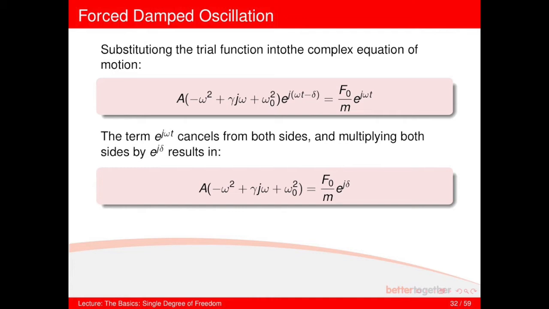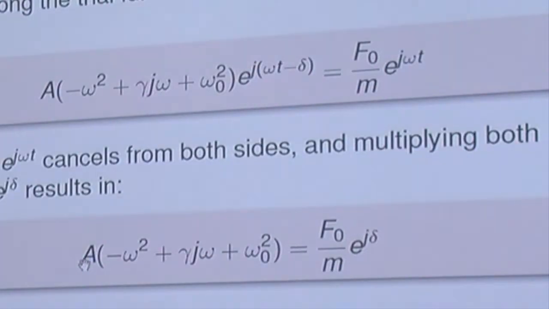On one side we've got e^(j omega t) times e to the minus j delta, it's the same thing. And so e^(j omega t) and e^(j omega t) disappear. And so we end up with this equation, and this was e to the j times minus delta. Well, obviously if you divide by it, it becomes e to the j delta, which is why it's over here.